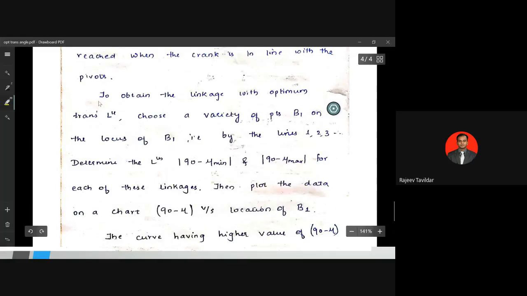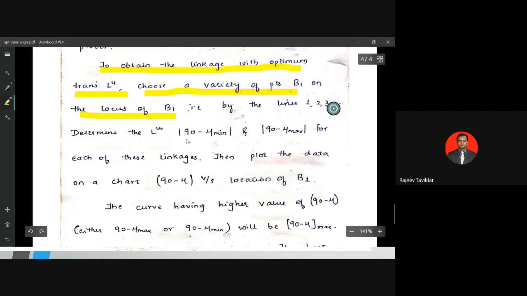What they are writing here is, to obtain the linkage with optimum transmission angle, we need to choose a variety of points B1 on the locus of B1. So I'll repeat this. The first step is to choose a variety of points B1 on the locus of B1. This is the first step.